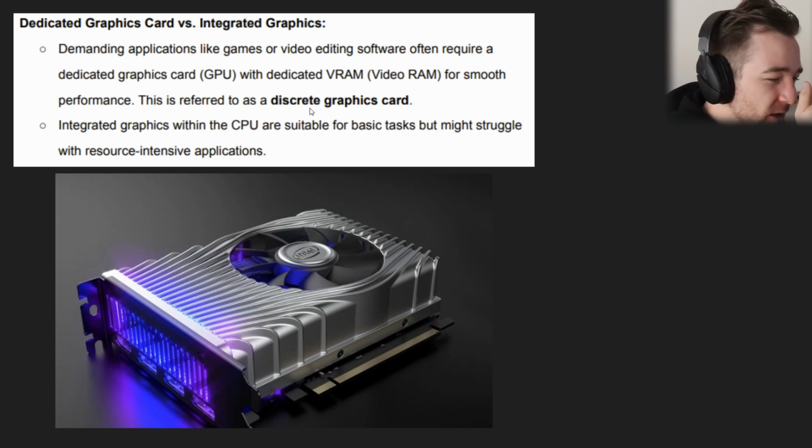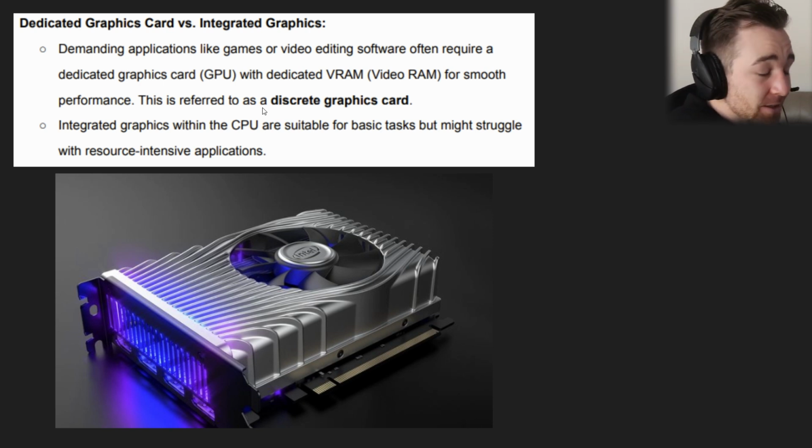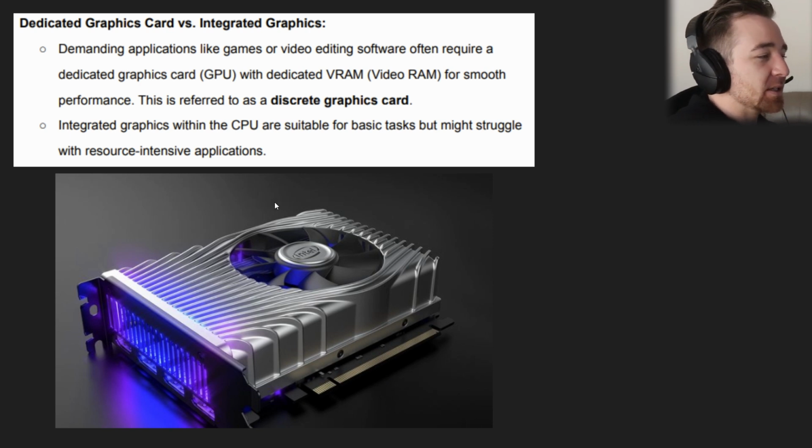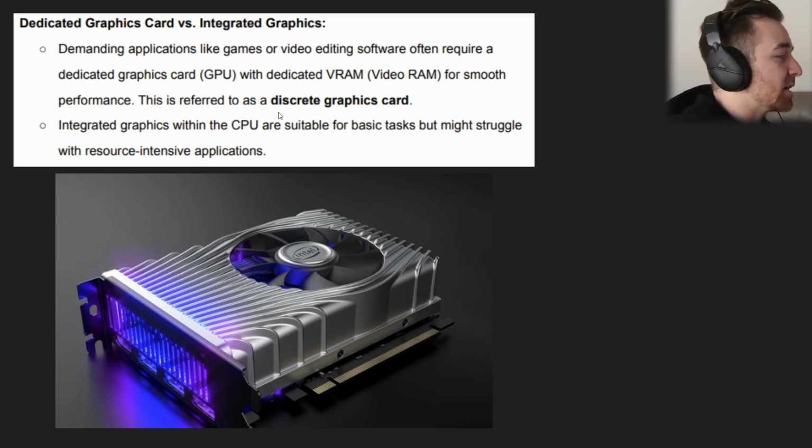It's like, where's the graphics card? I can't even tell. It's just a part of the motherboard. It's very discrete. But in this instance, a dedicated graphics card, like the big bulky one that's specifically designed to deal with difficult tasks, is called a discrete graphics card. So just keep that in mind. They might refer to it as a discrete graphics card in your exam. So make sure you remember that discrete means dedicated graphics card.